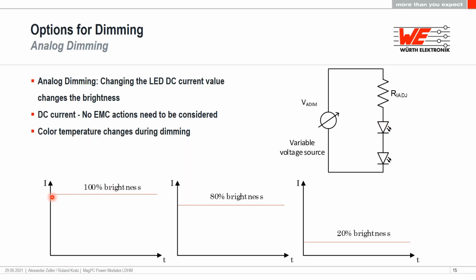In other words, think about an LED with a DC current of 100%, which can be, for example, 350 milliamps. This will give the maximum brightness. 80% of the current will give you 80% of the brightness, also for the example 20%. This is the easiest way for dimming LEDs.